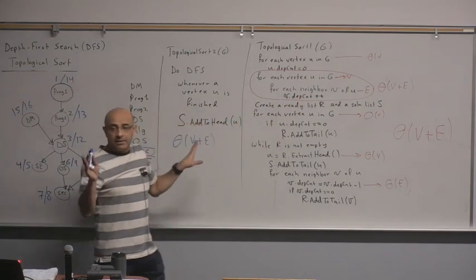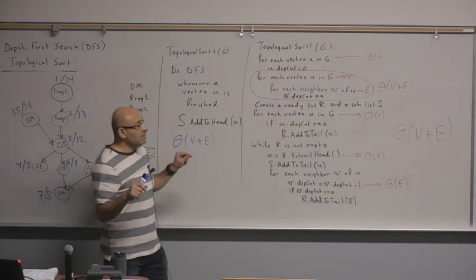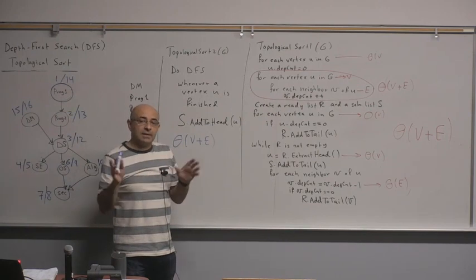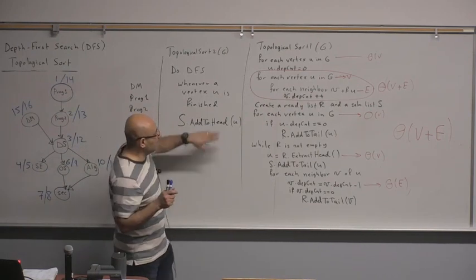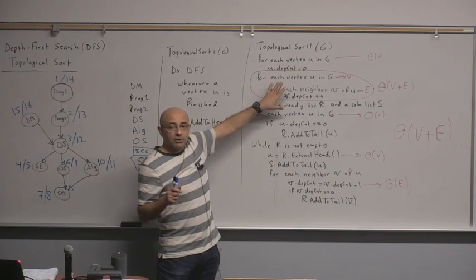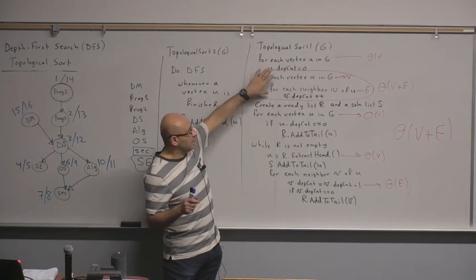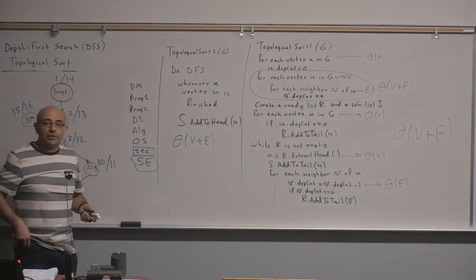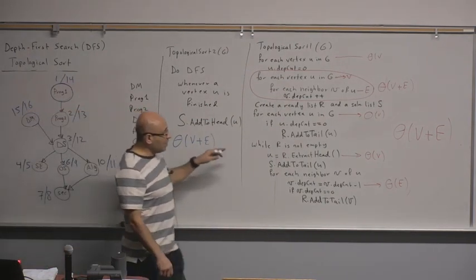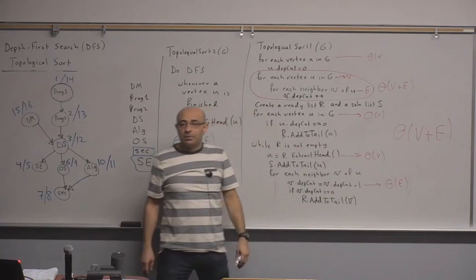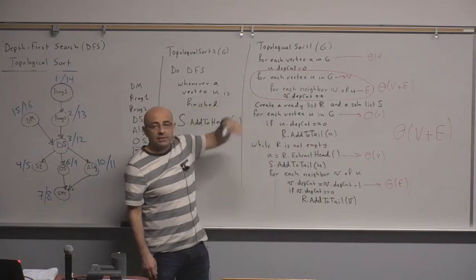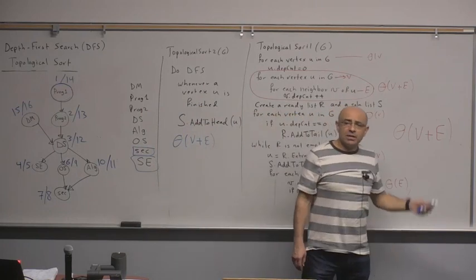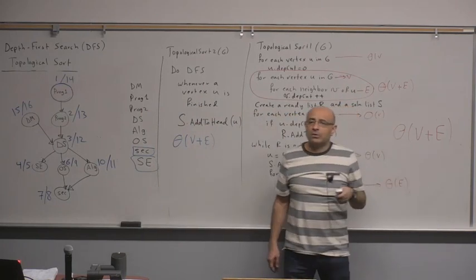So asymptotically they're the same, but in terms of expected actual running time, not asymptotic time, this is expected to take more time because we're doing lots of extra operations here. If you remember the code for DFS, we only have one V plus E loop, but here we have two V plus E loops. So there is more work. We expect this to take more time.